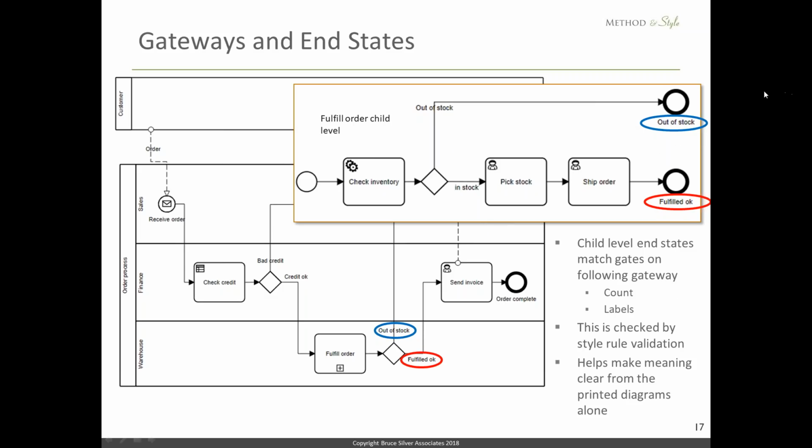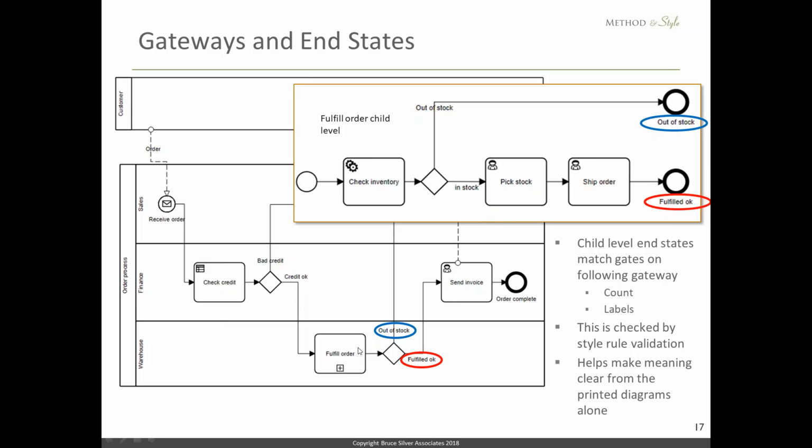Now, let me move this GoToMeeting thing out of the way. Here we see the labels. Here's the child level of fulfill order up here, this other diagram. And we can see that because it's followed by a gateway in the parent level with two gates, fulfilled okay and out of stock, these are the names of the end states of fulfill order.